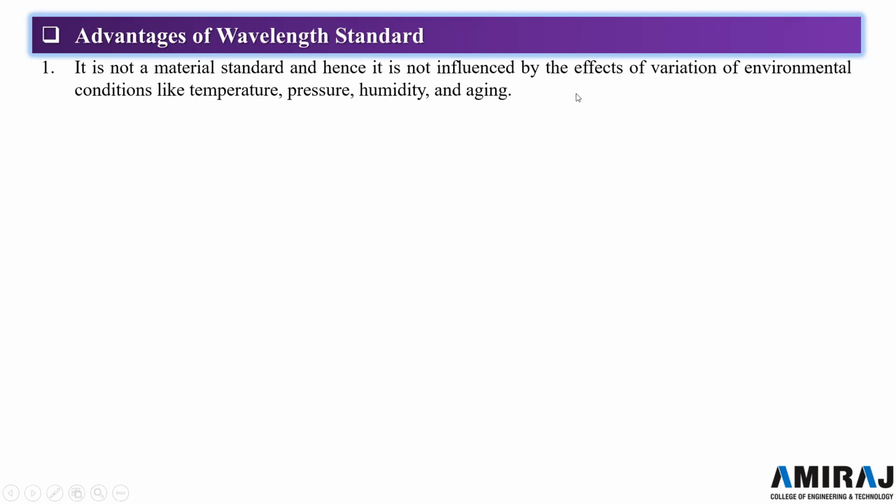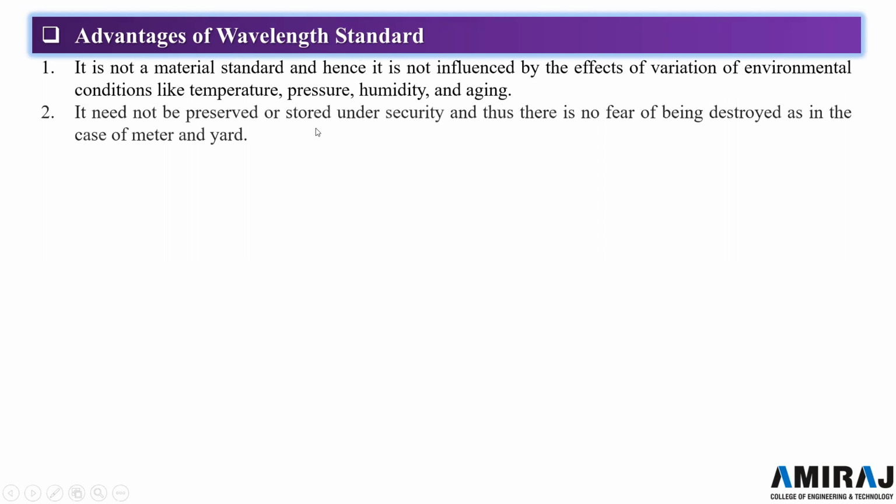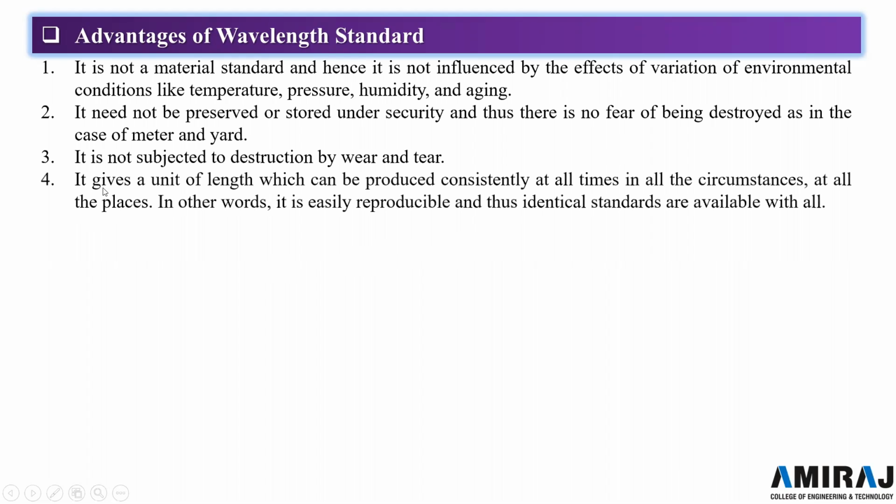These things will not affect it as the wavelength standard is not made of material. Second, it need not be preserved or stored under security, and thus there is no fear of it being destroyed as in the case of the meter or yard. Third, it is not subjected to destruction by wear and tear.